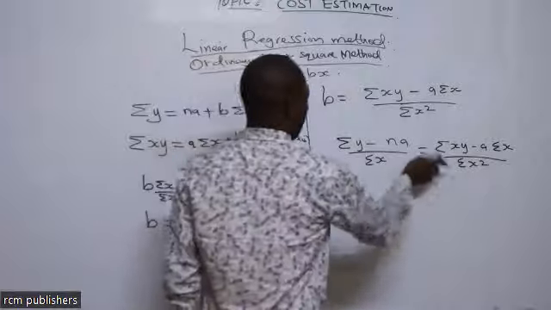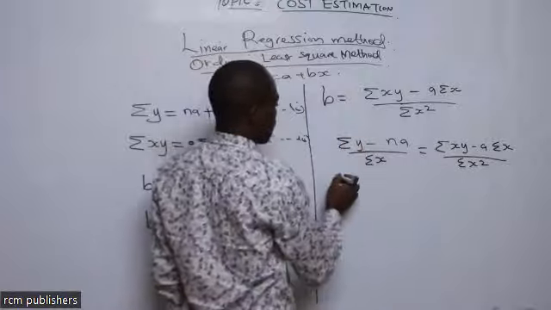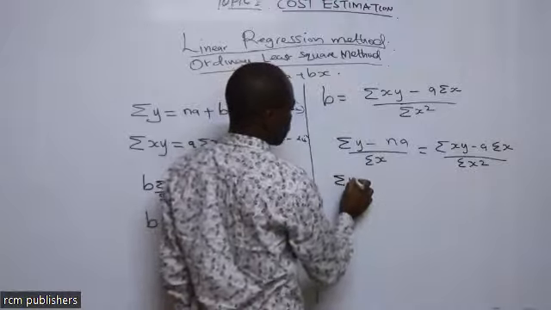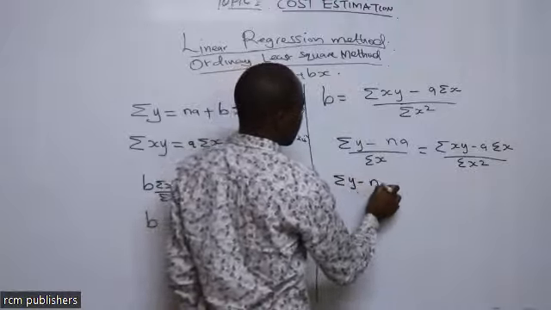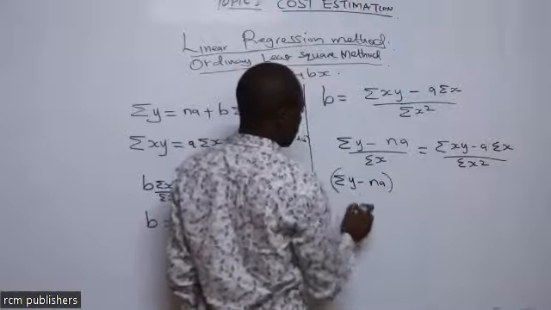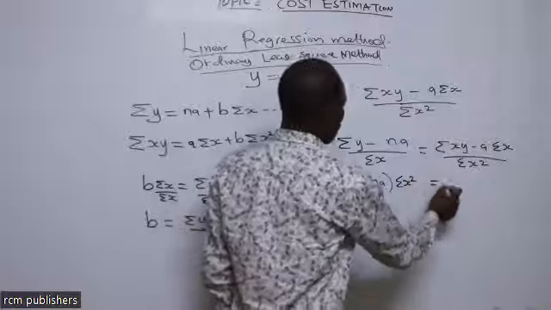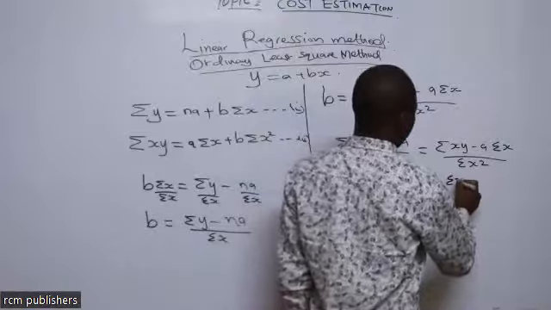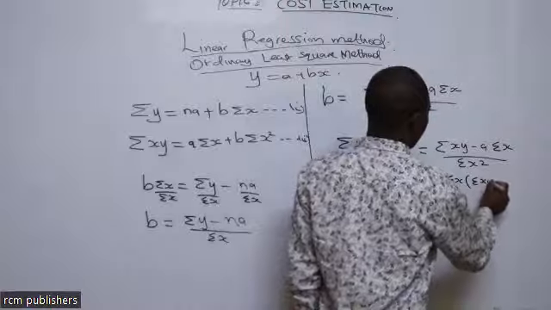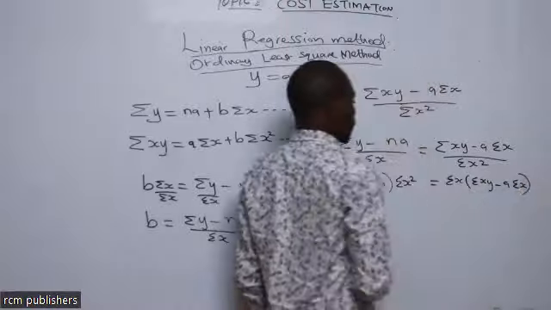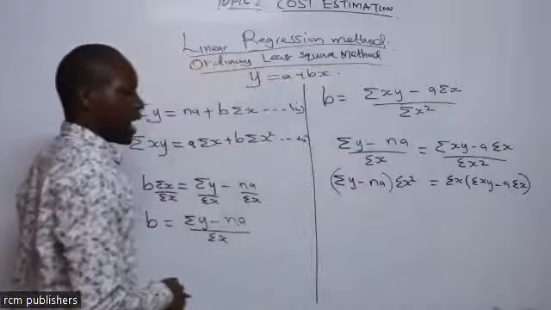So when we now bring this summation of Y minus NA, we have summation of X squared is equal to summation of X into summation of XY minus A summation of X. That is what we have.